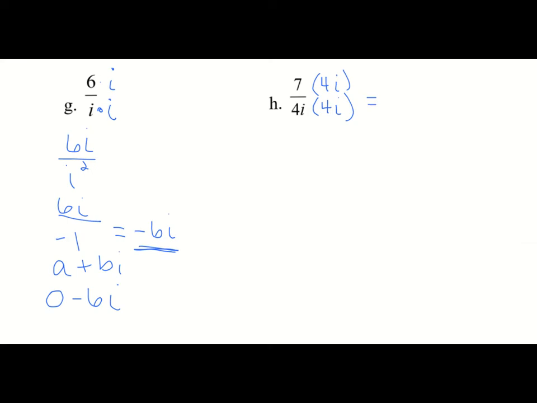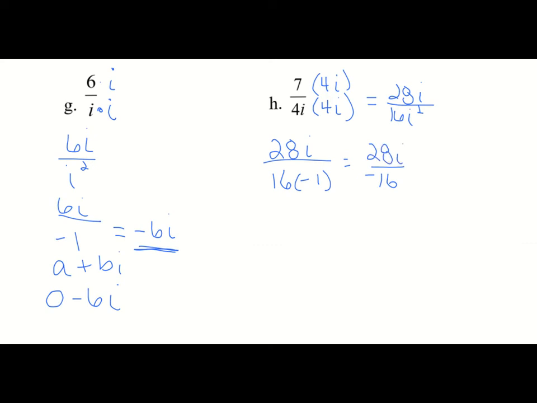And that will give me 16i squared over 28i. And that 16i squared, remember, it's 16 times negative 1 over 28i. So we're going to make that into negative 16 over 28i.